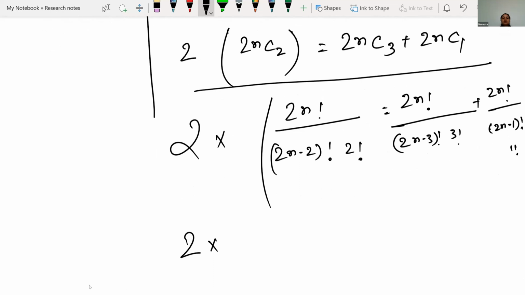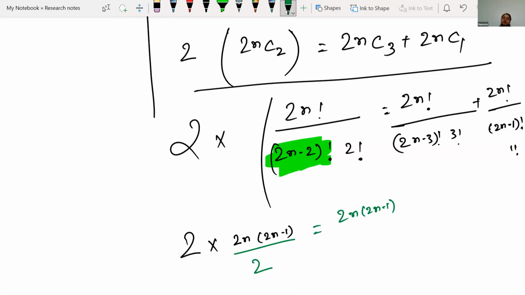Better to simplify it. Okay, don't cancel it out. So here in numerator we will be having 2n minus 1, and 2n minus 2 will go with the denominator. Are you getting it? Yes, ma'am. So by 2 we are having also. Is equals to (2n minus 1)(2n minus 2), and then (2n minus 3) factorial will cancel out the denominator's one. Are you getting it? Yes, ma'am. Plus here we will be having only 2n.